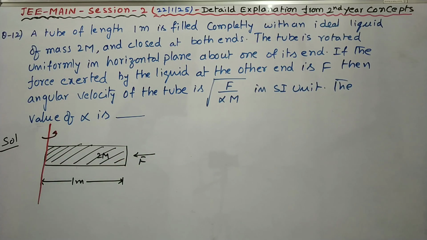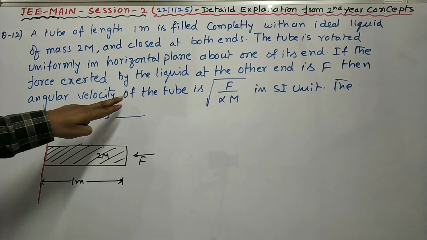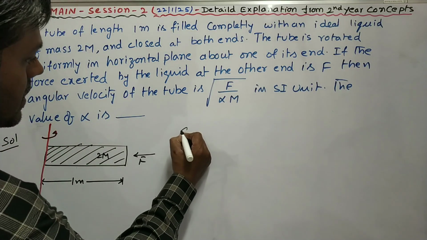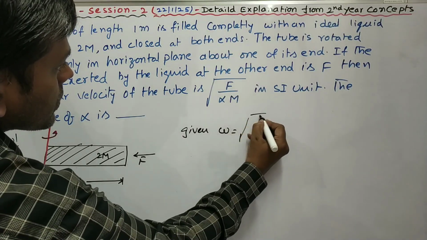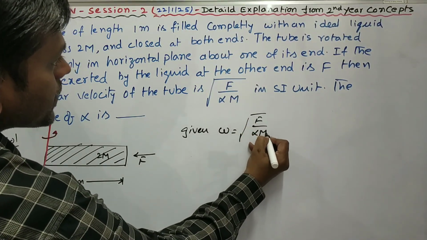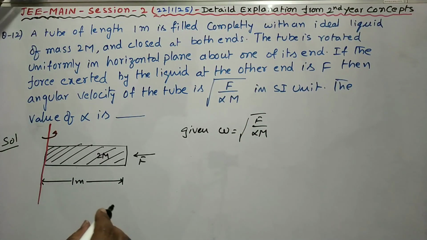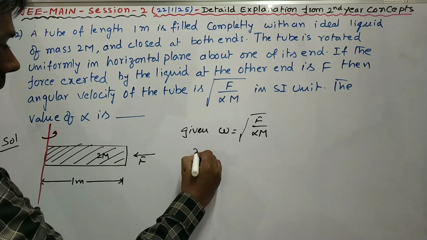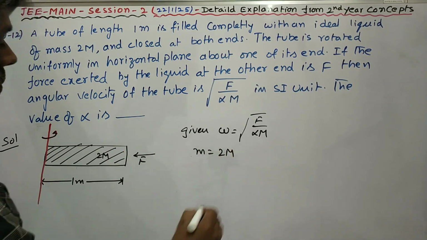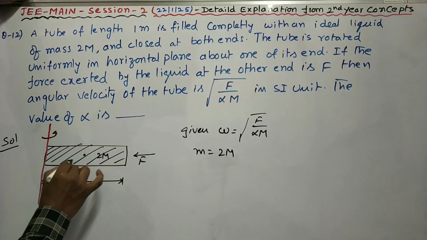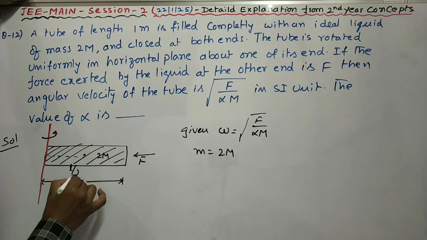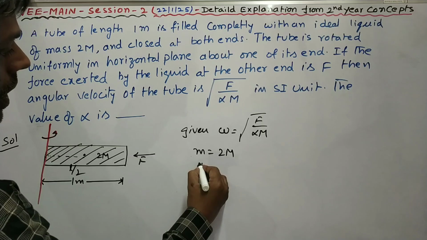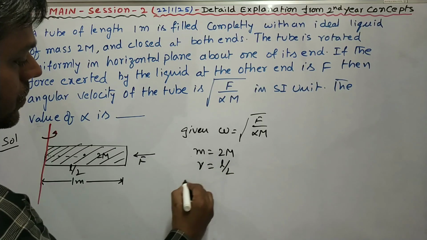This force is F. The given angular velocity is omega equal to root of F by alpha into m. The mass of the liquid is 2m. From the axis, the center of mass is located at L by 2, so R is equal to L by 2.